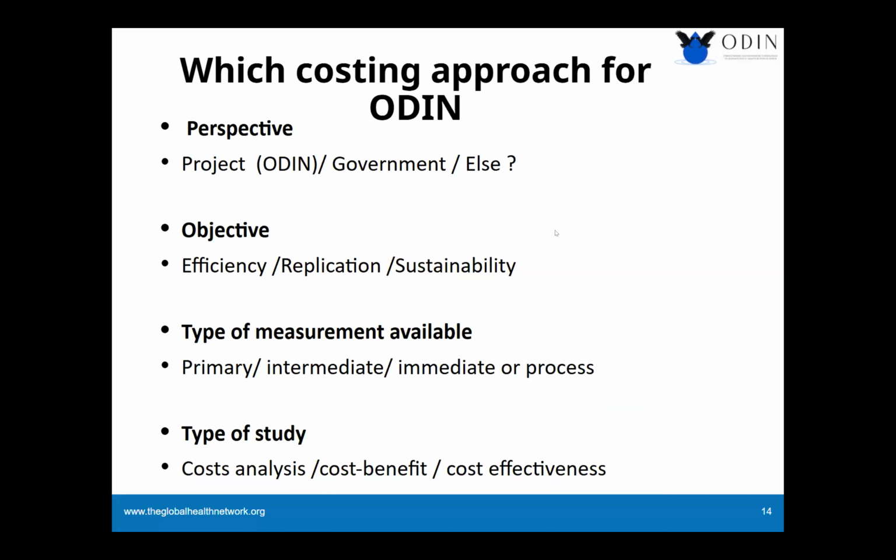About the costing approach, we discussed different aspects. The first aspect is the perspective: whether it will be from the consortium, the government, or health. Also the objective, which could differ for different decision makers.